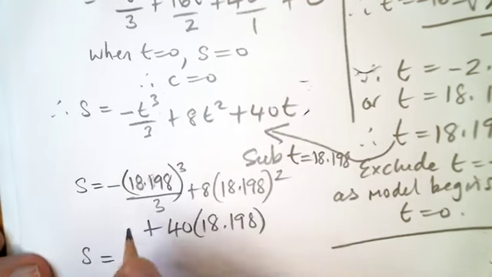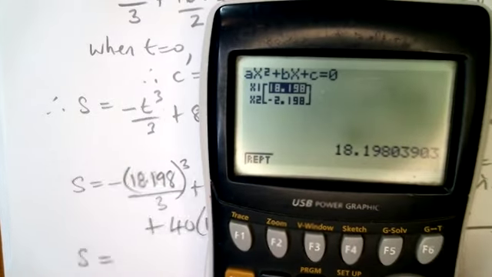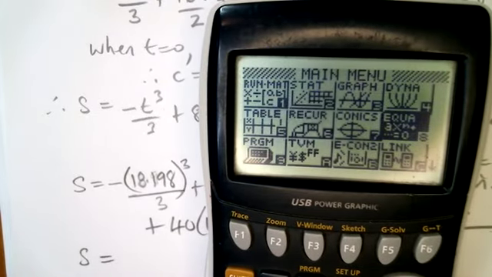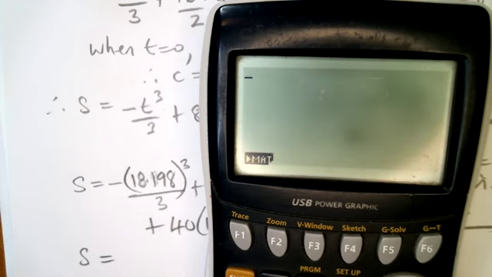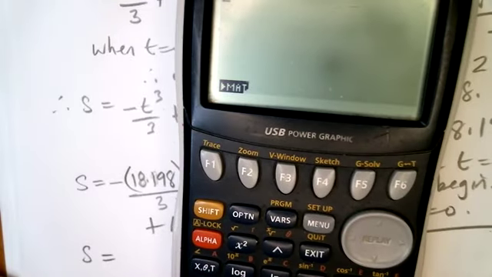So s is equal to. Let's go ahead and try and throw this in. So it's 18.198. I'm going to exit the menu and go to answers for a second to see what the answer is. It's something else, so I'm actually going to write it in here. 18.198.